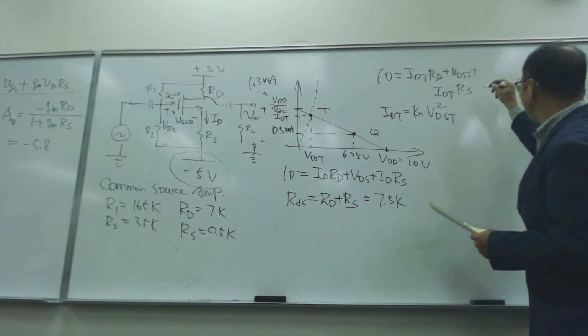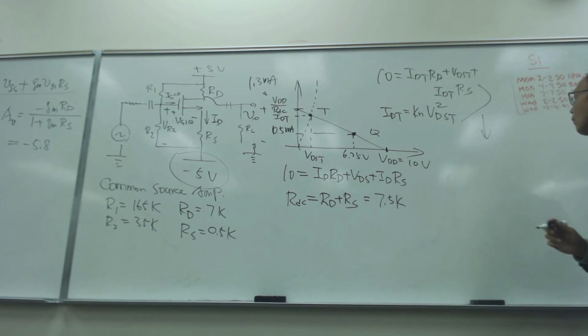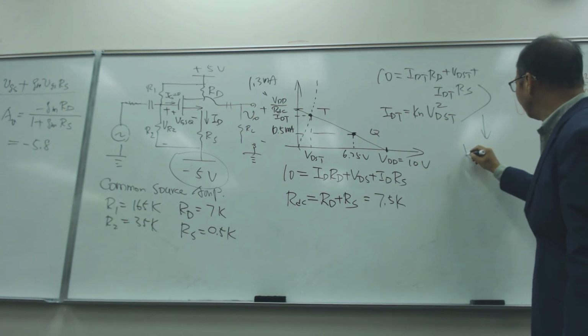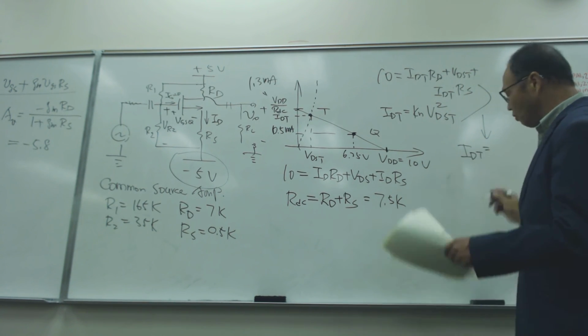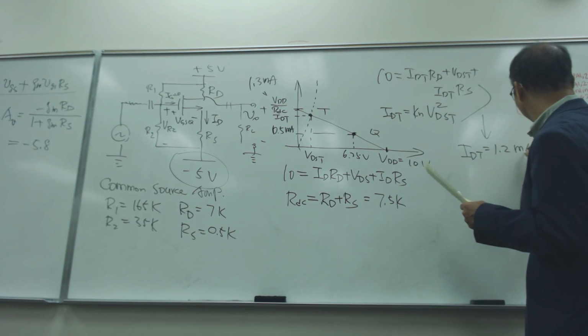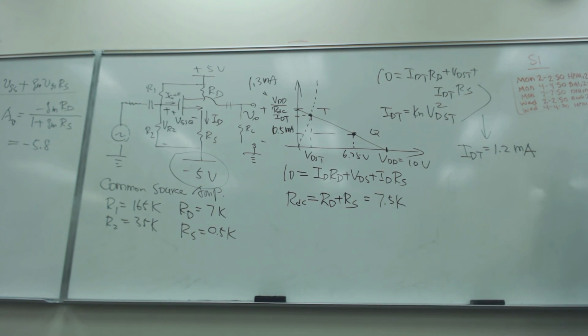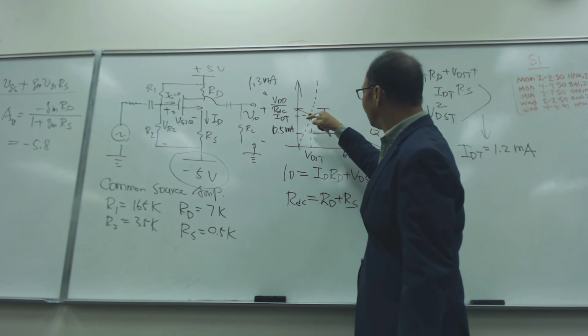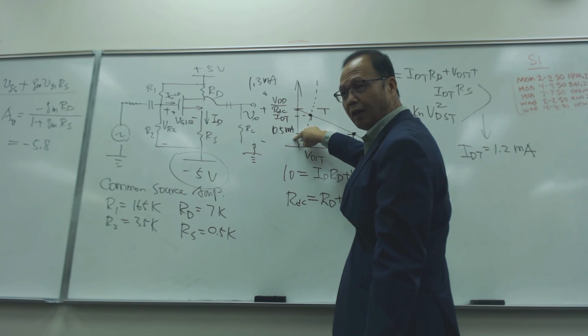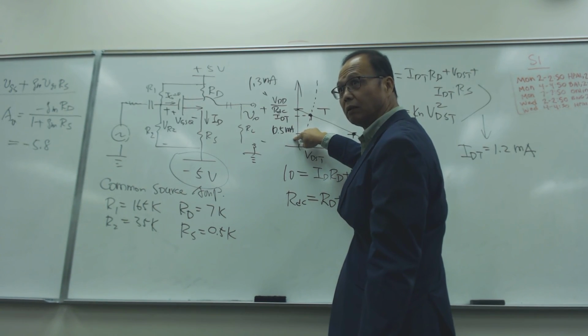Okay, so now if you combine these two equations, you can solve for IDT, you can solve for VDST, right? So IDT, according to my notes, I got 1.2 milliamp. Now again, the value of IDT must be located between here and here, right? Otherwise, something's wrong.